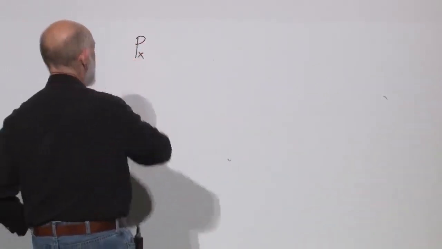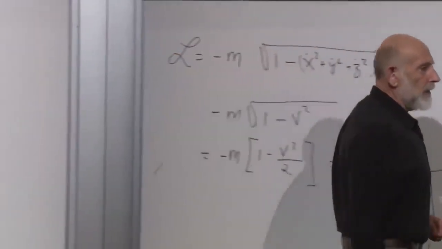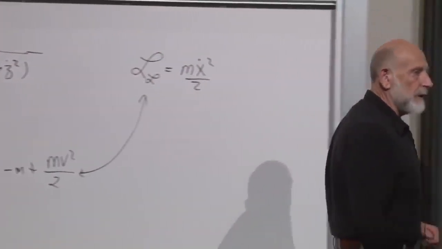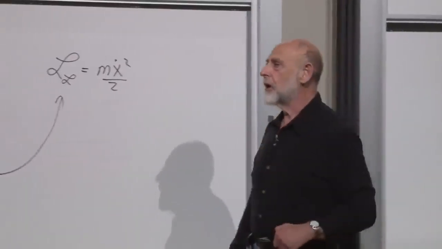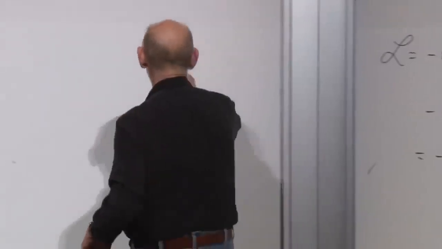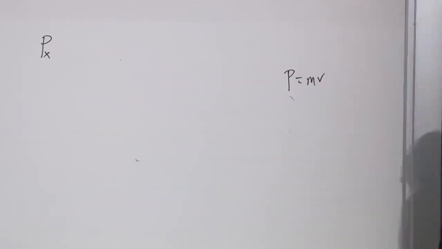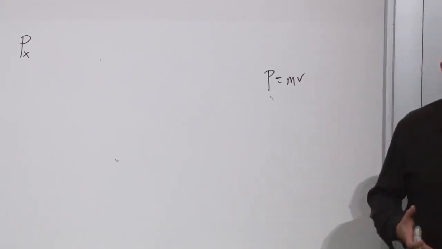Okay, so I would like to identify, for example, P sub x, the x component of momentum. So we go back, we open up our book on classical mechanics, and we go back to the definition of momentum, not the definition which began by saying momentum is equal to mv, but the definition which came from the Lagrangian point of view.